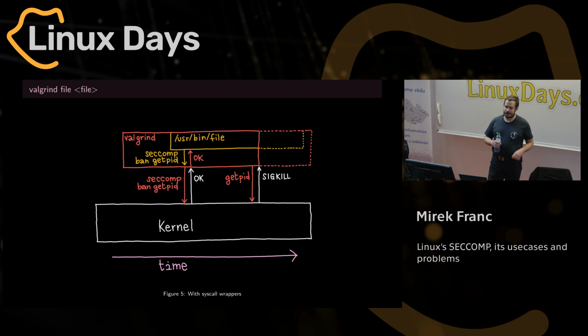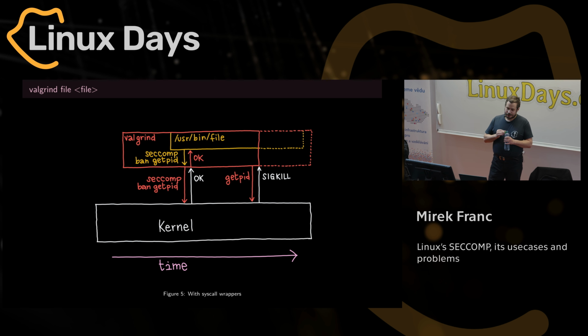and say that SECCOMP syscall actually implemented a filter that bans the getpid syscall. Because the user bin file probably doesn't need to call getpid, but Valgrind does, and the file and Valgrind are now one process. So Valgrind, on its own behalf, calls getpid and gets killed by the kernel.